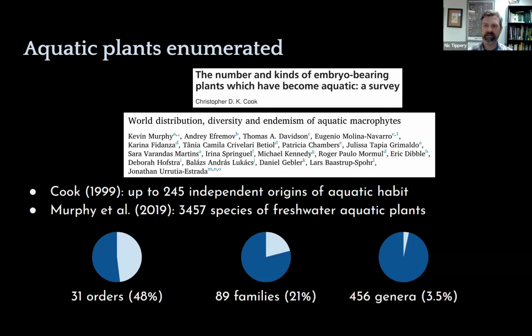Okay, so this project came about because this is a really opportune time to investigate something like this. There have been previous efforts to document which plants are aquatic. These days we're in the era of big data, and so we have lists of plants that are aquatic. Fortunately, I can springboard off of other people's studies where they have listed the plants.